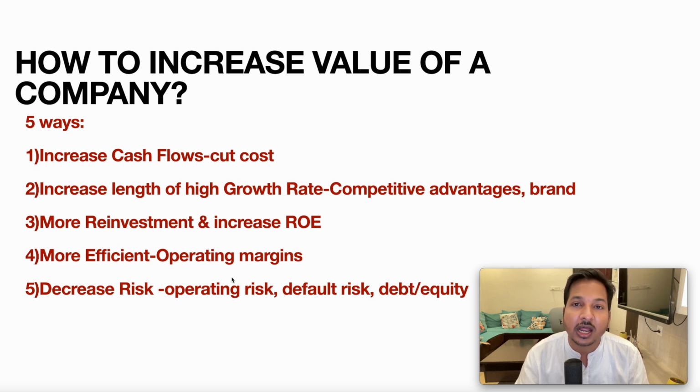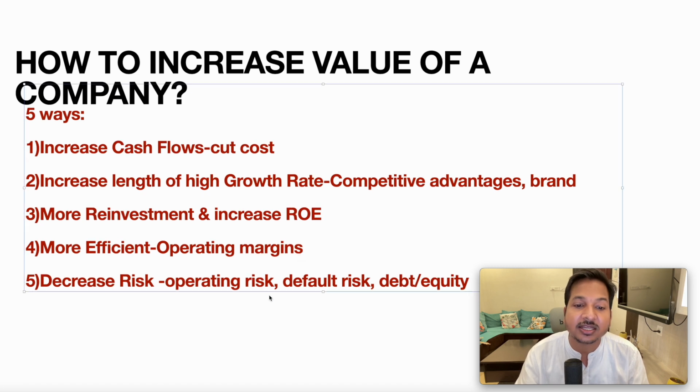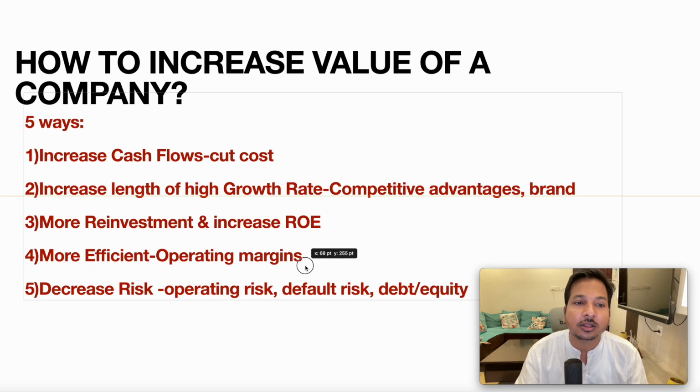The last one is decreasing risk: operating risk, default risk, and debt to equity risk. More and more debt is actually a risk. So a company can take debt, but it should not be a very significant part of its equity. So these are overall the things by which a company can increase its value.